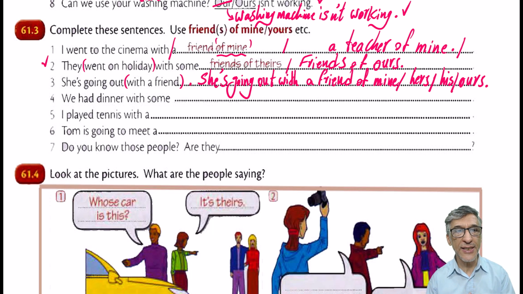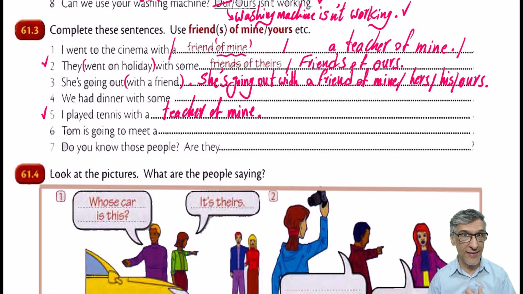I play tennis with a teacher of mine. With a friend of mine. With a cousin of mine. Why not? Okay, you can say it in any way. You can say it with anyone you like.